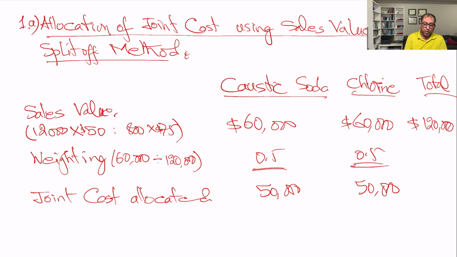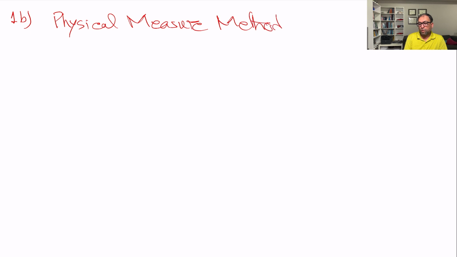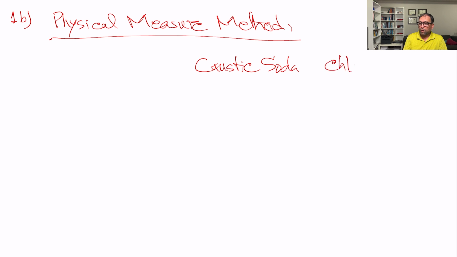One is the physical measure method. So it was 1A, and now we are dealing with 1B, and 1B is the physical measure method. So again we use caustic soda, chlorine and total.